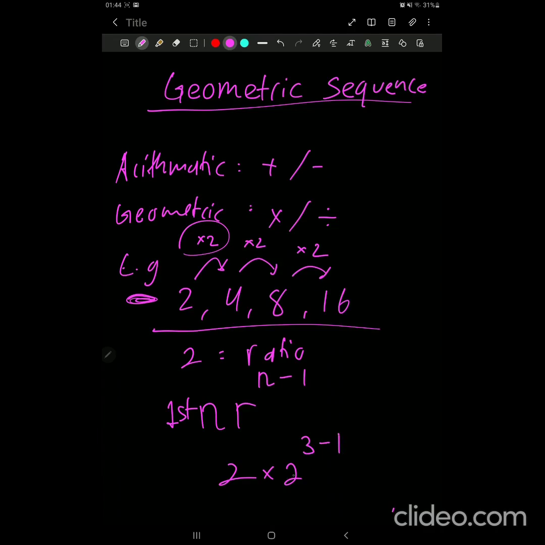So this will be 2 times 2 to the power of 2. We should execute the power first. So 2 to the power of 2 is 4, times 2, it will be 8. And this is the same number, so this formula works.